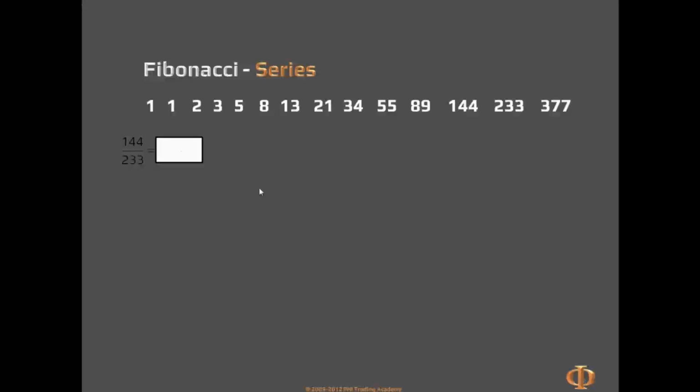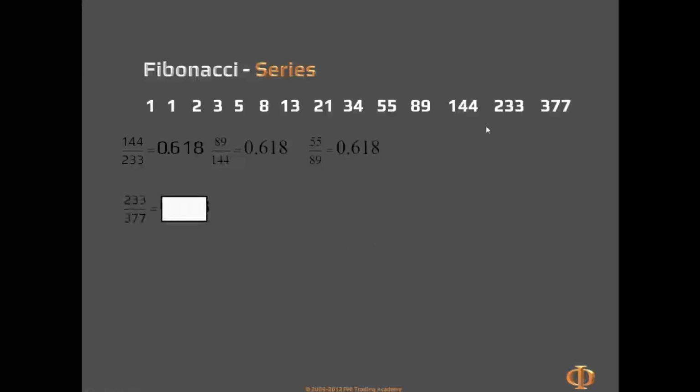So now look at how these numbers become magical. Every time you divide a number by the one next to it, 144 divided by 233, you get this number. Now, if you divide 89 by 144, again you get this number. And if you divide 55 by 89, again you get this number.